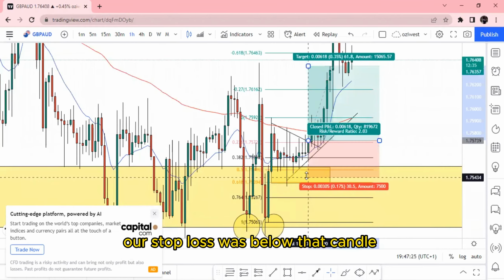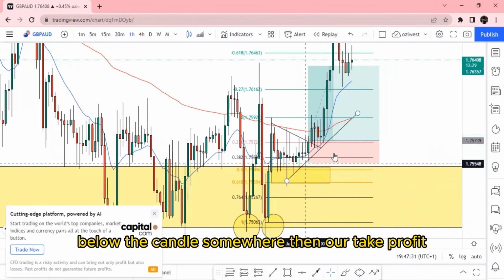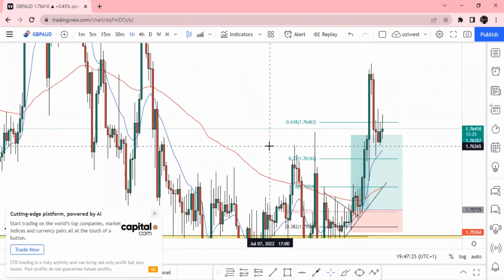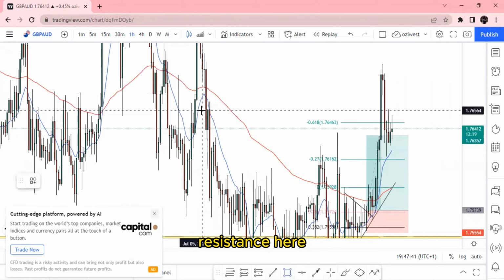Our stop loss was below that candle, somewhere here, then our take profits. We notice this level of resistance here.